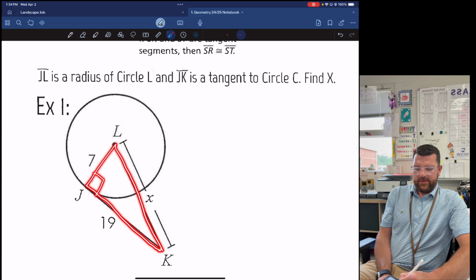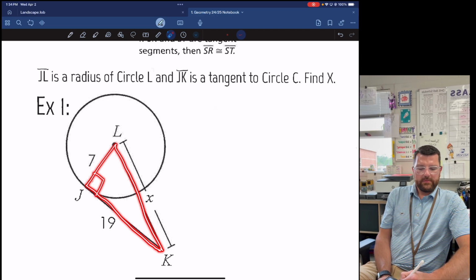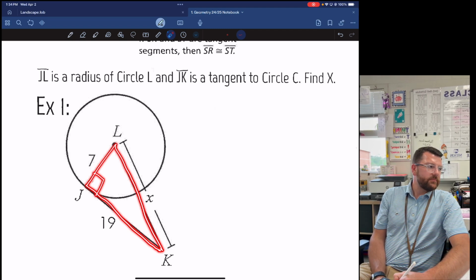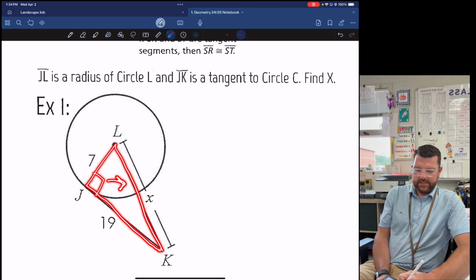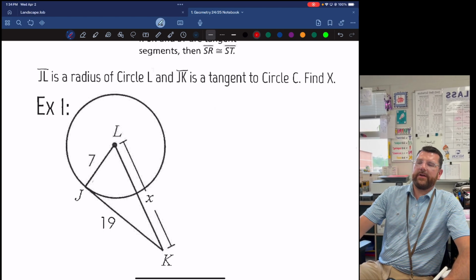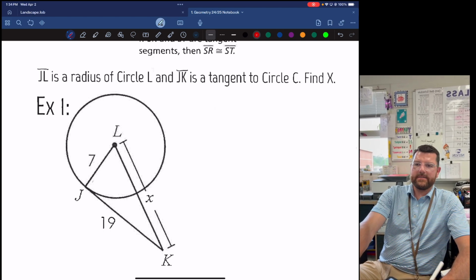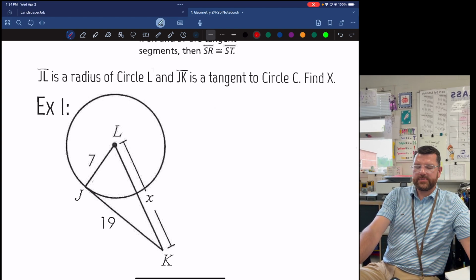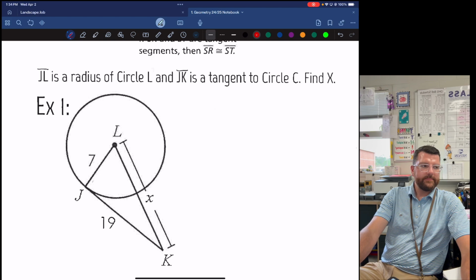The tangent and the radius form a right triangle, which means LK is the hypotenuse. It is the opposite of that right angle. What can I use to figure out how long LK is? I could use trigonometry, but there's actually a quicker way.